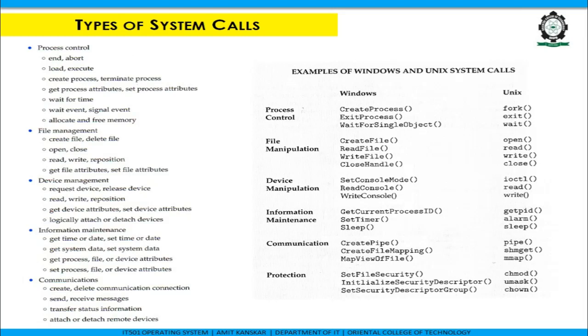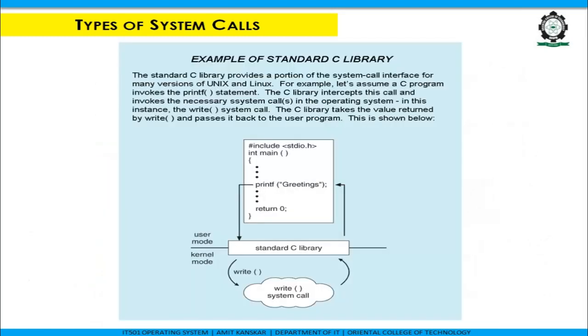Some examples of Windows and Unix system calls are shown in the figure. Standard library calls may also generate system calls, as shown here. Example of the standard C library: the standard C library provides a portion of the system call interface for many versions of Unix and Linux.